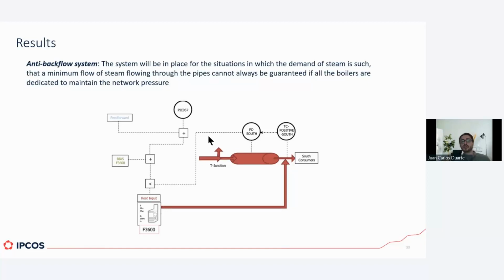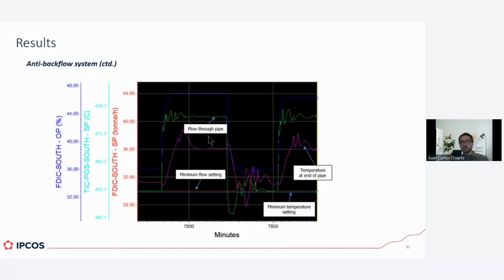But in normal operation, if the demand changes, then you need something that protects you from the flow suddenly reversing, because that sudden flow reversal would cause a lot of problems in the pipe if you don't do it following a certain procedure. So yeah, the simulation allowed us to design very specifically, very accurately the way this anti-backflow system had to be implemented, including all the calculations and all the controls.